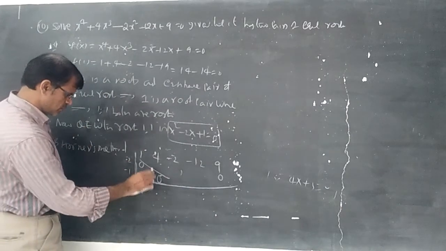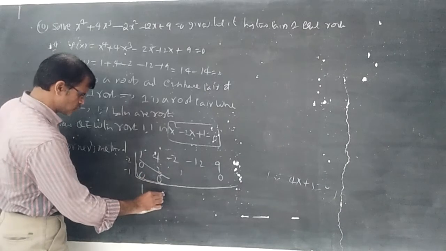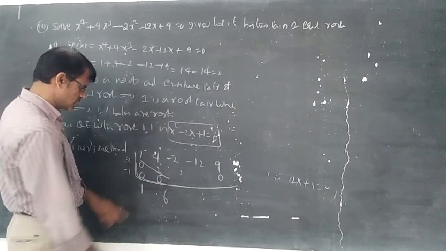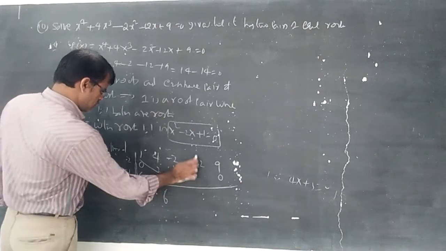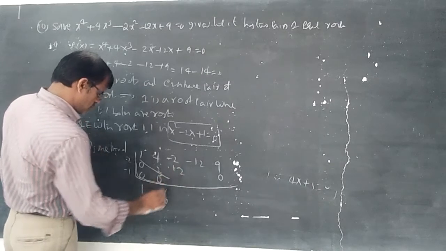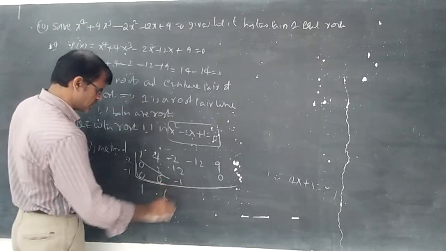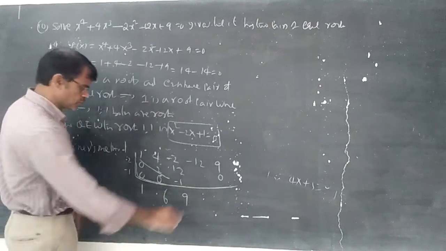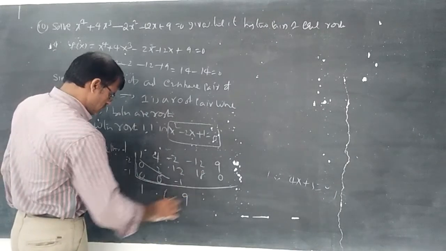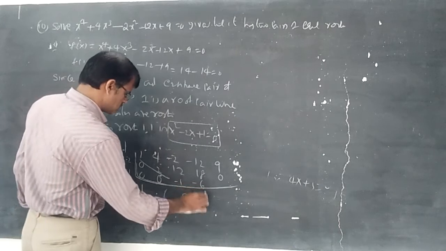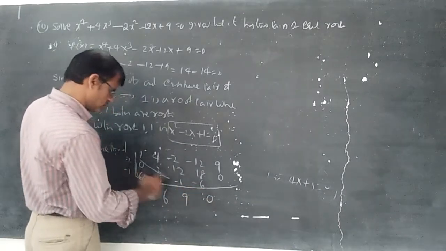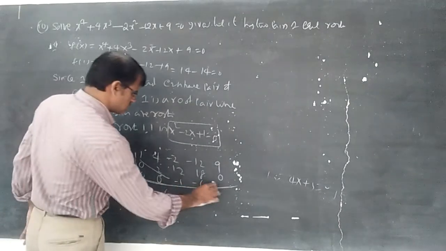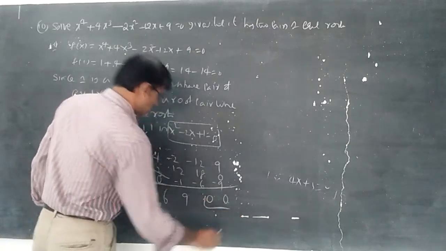This is 1. 1 into 2 becomes 2. Here 4 plus 2, 6. 6 2s are 12. Here 12. And here 1 into minus 1, minus 1. 12 minus 3 becomes 9. 9 into 2, this is 18. And 6 into minus 1, minus 6, of course, this is 0. 0 into 2, 0. And 9 into minus 1, it is 0. Of course, this is 0.